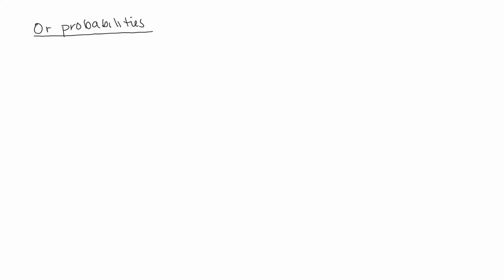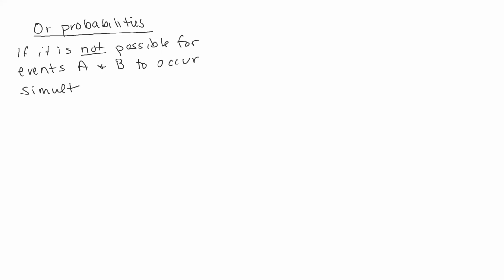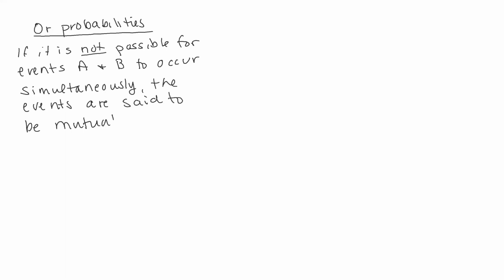So first of all, if it is not possible for events A and B to occur simultaneously, the events are said to be mutually exclusive.